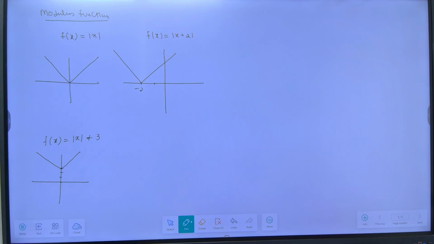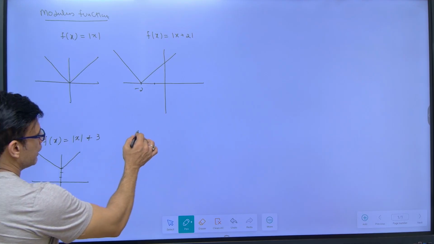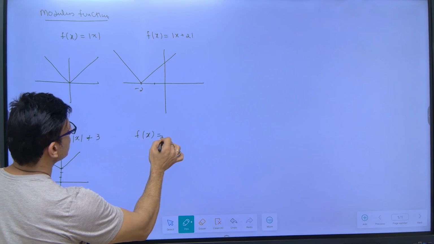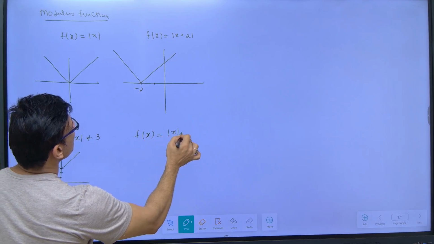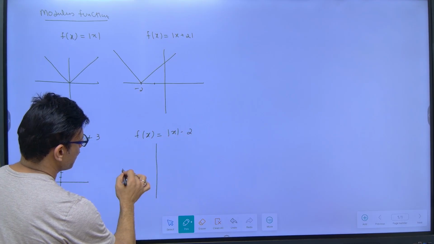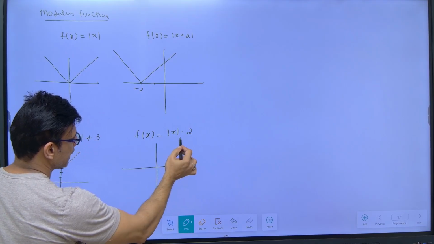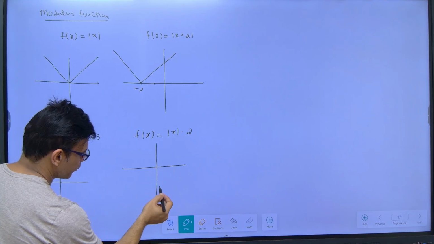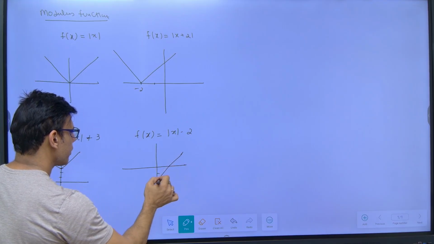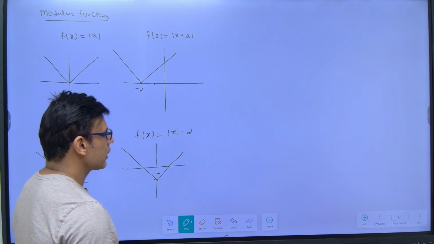Go up 3. If I say f of x is equal to modulus of x minus 2, you know that modulus of x is like this, right? Minus 2 means go 1, 2 down, and from there you draw the graph of this.